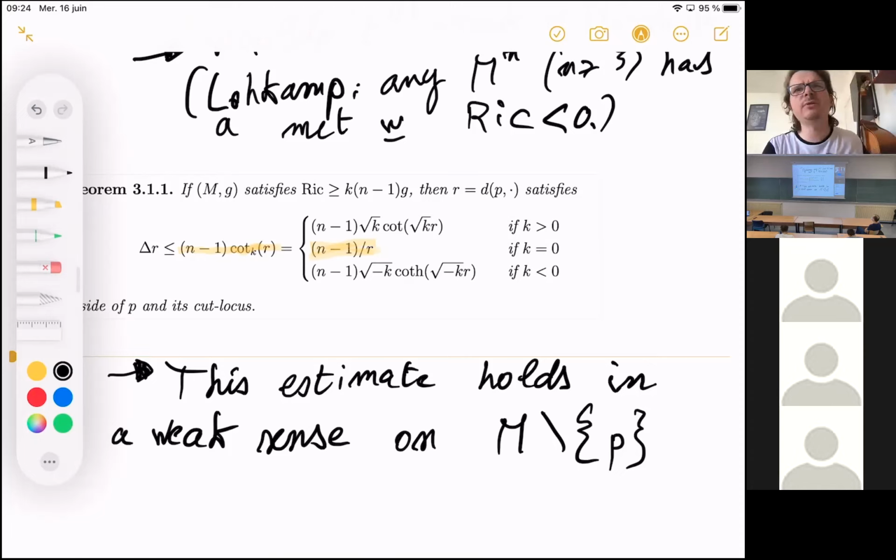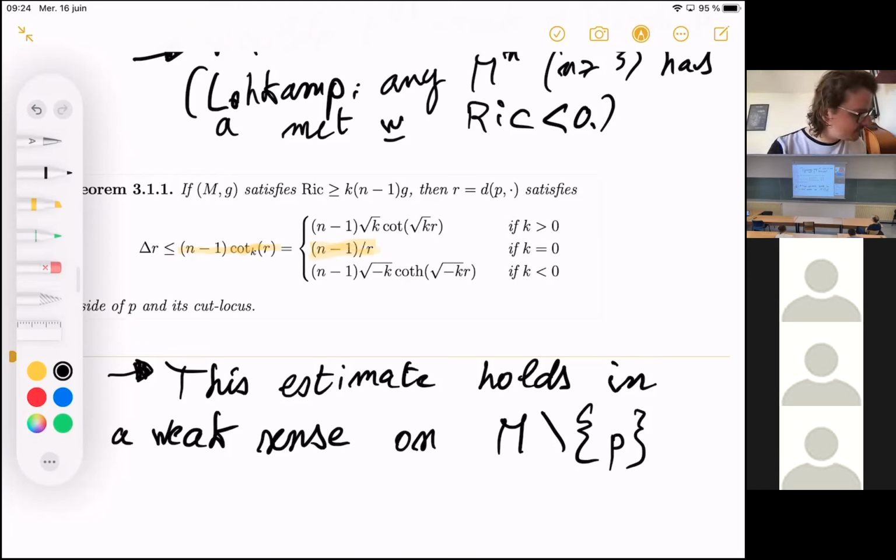And the same goes for the comparison theorem for non-negative sectional curvature. It has counterparts on the cut locus in a weak sense. I did prove in some old notes of mine the comparison in distribution sense.